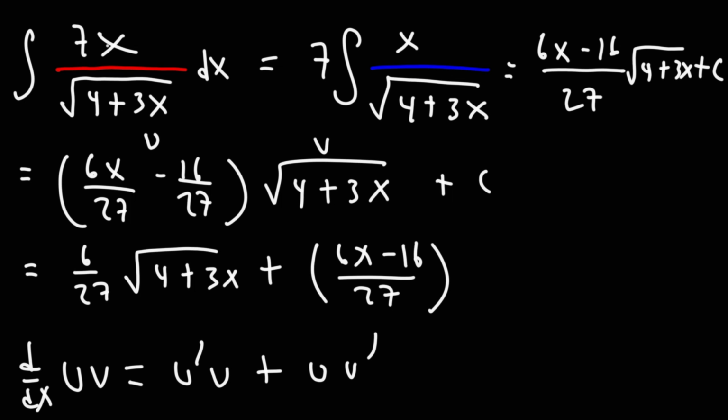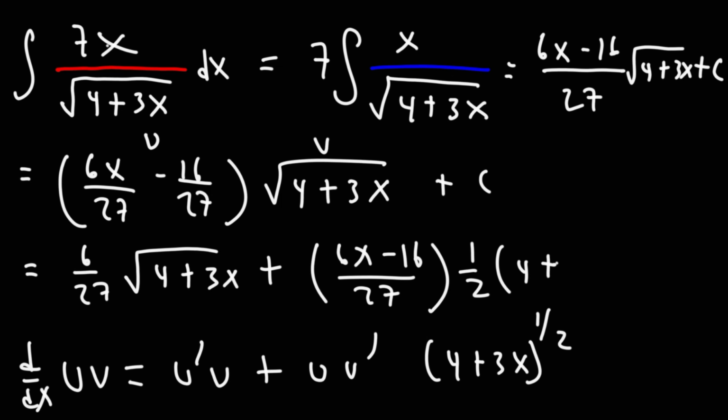And then v prime. So v is 4 plus 3x to the 1/2. To differentiate that, we need to use the power rule. So 1/2 times 4 plus 3x, and then 1/2 minus 1, that's negative 1/2. And then the derivative of the inside, the chain rule, the derivative of 4 plus 3x is just 3.